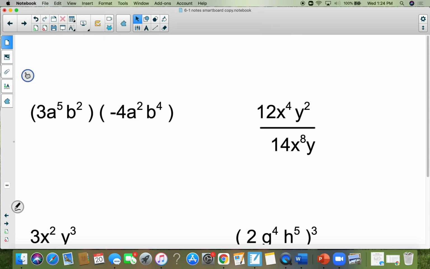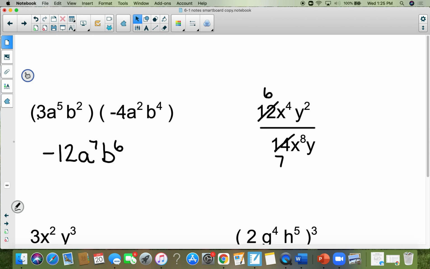just more of these. 3 times a negative 4 is a negative 12. Add your exponents, a to the 7th, b to the 6th. Final answer. A division one, 2 goes into 12 6 times. 2 goes into 14 7 times.